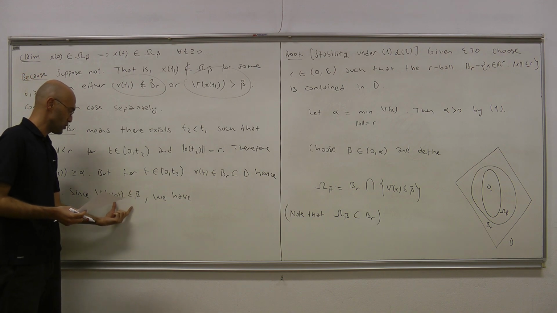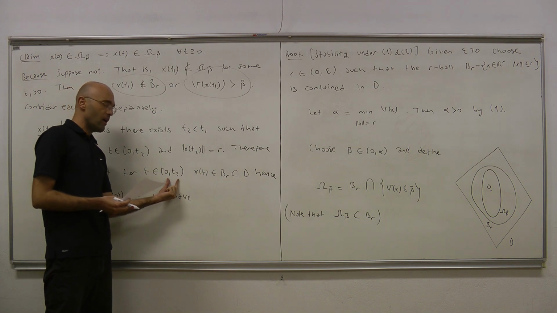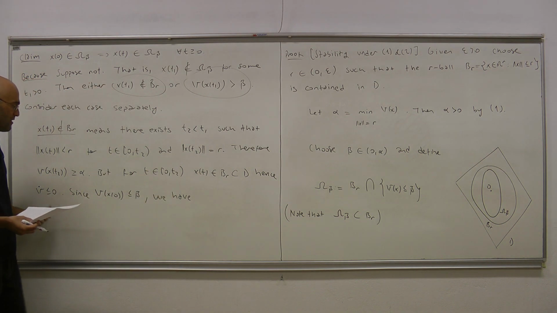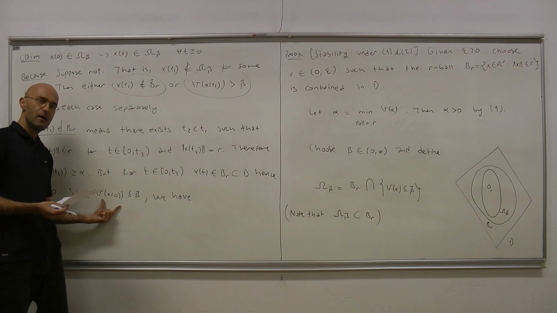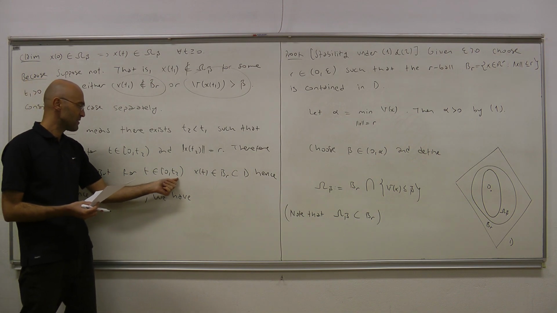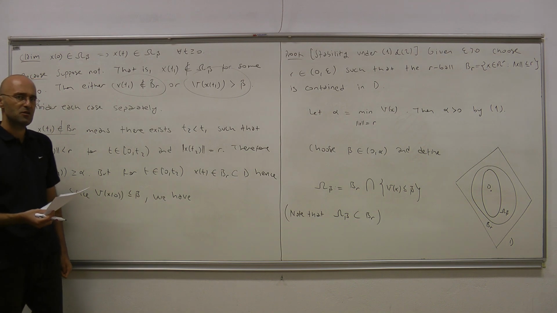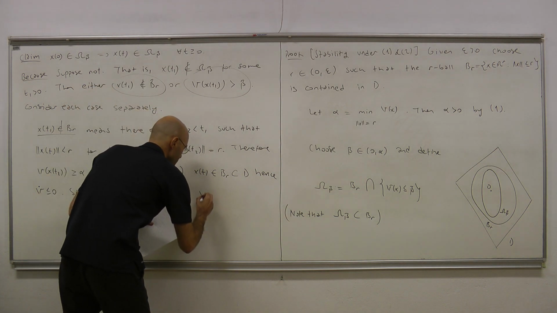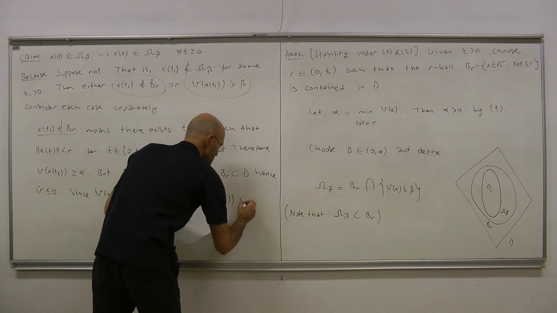And for all this time, from 0 to t2, V cannot increase. Therefore, throughout this interval, V of x(t) must remain below beta. So that means at time t equals t2, V of x(t2) must be less than or equal to beta.